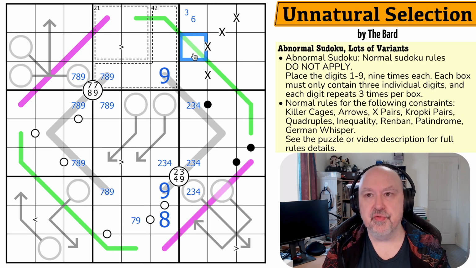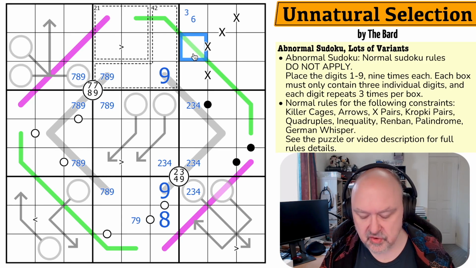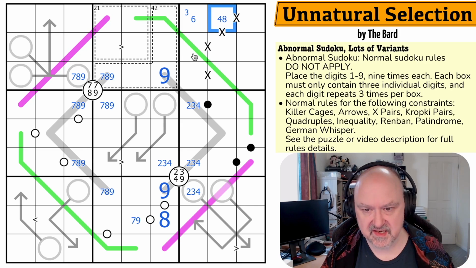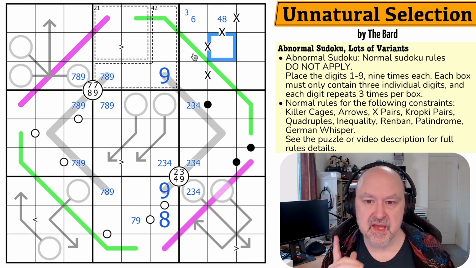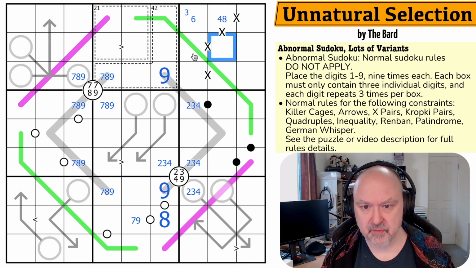If I was to do 3 8s, that's 24. And I would need another 12. So it could be 3 8s and 3 4s. So I could do it with 4s and 8s. If I do it with 7s, that would be 21 and I would need 15. So I could do it with 5s and 7s.